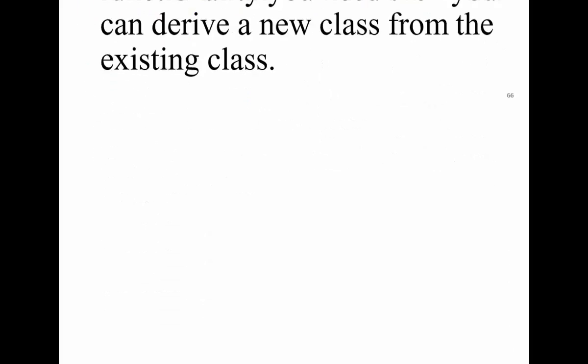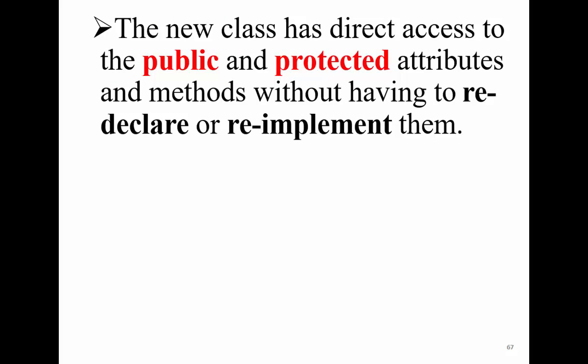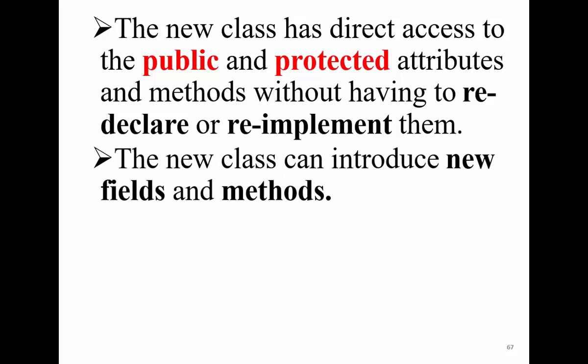So, the new class has direct access to public and protected attributes and methods without re-declaring or re-implementing them. Any subclass has direct access to public and protected fields or methods inside the superclass without redefining them.